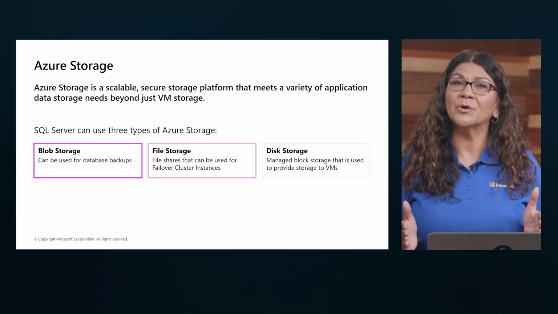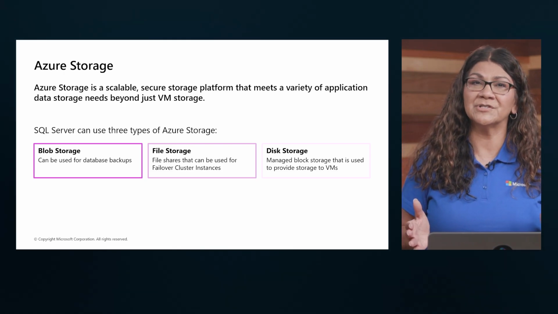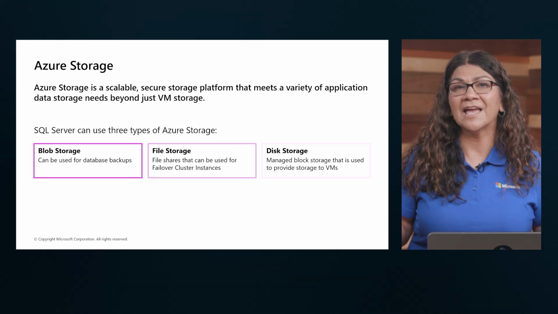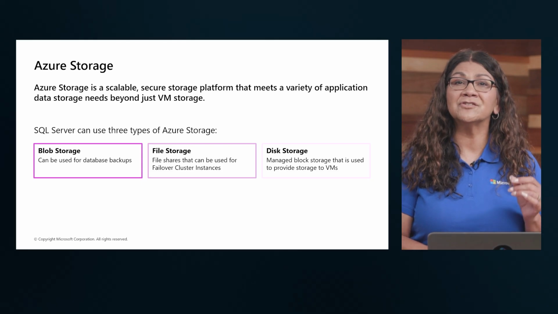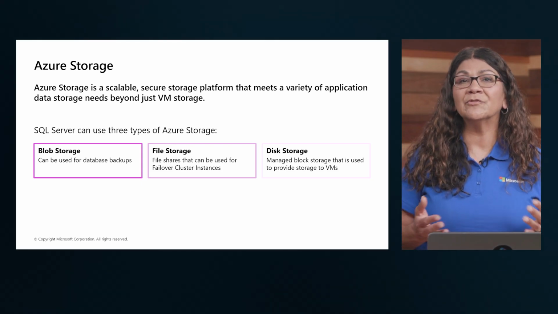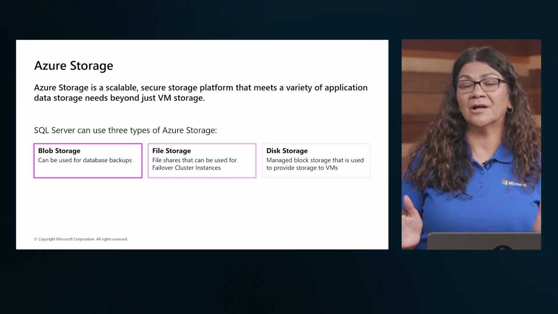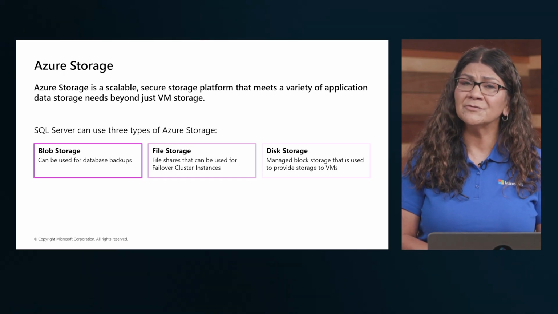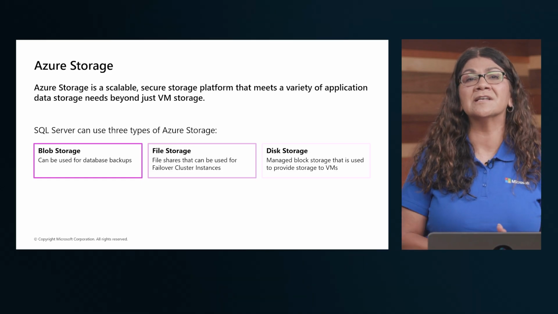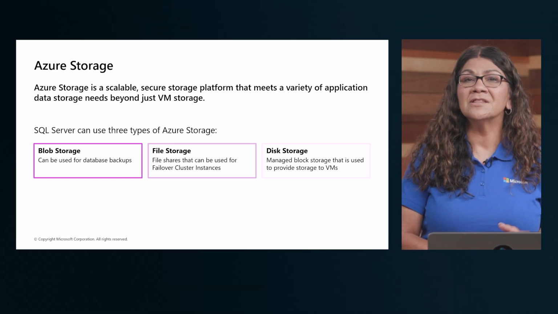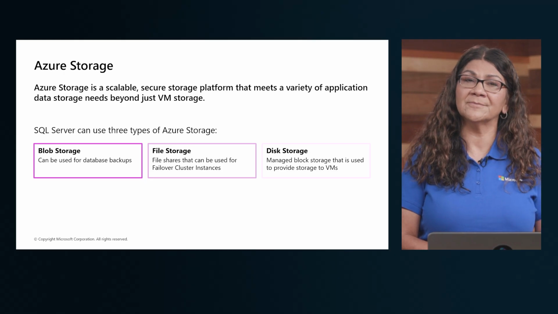It also supports tiered storage options to optimize cost and performance. File storage provides fully managed file shares accessible via SMB protocol, which is especially useful for failover cluster instances and lift and shift migrations of legacy applications that rely on file shares.